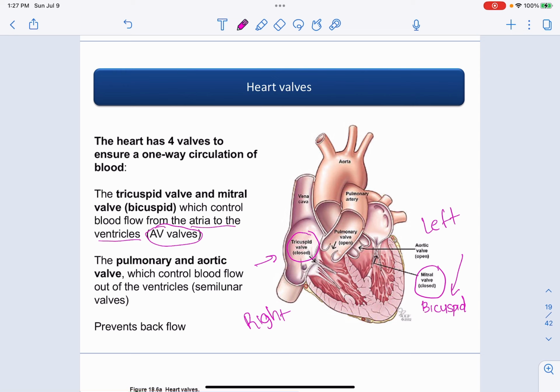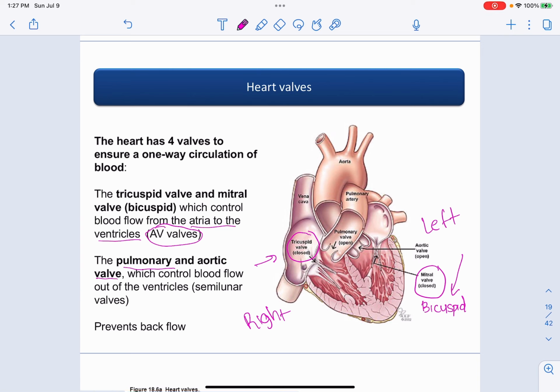These two atrioventricular valves have a certain appearance to them and some other terminology and anatomy associated with them, so I'm going to talk about them a little bit more. But I also want to introduce the other valves of the heart, which are leading out of the ventricles, and they are called the pulmonary and the aortic valve.